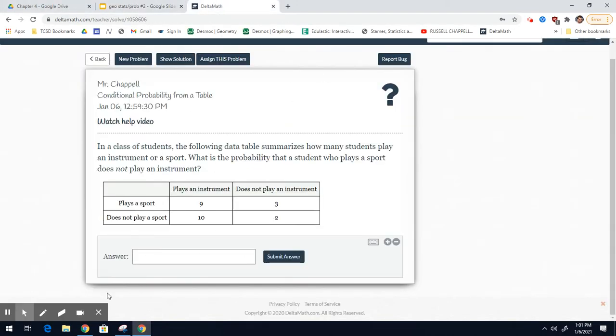Okay, so the first problem here says, in a class of students, the following data table summarizes how many students play an instrument or a sport. What is the probability that a student who plays a sport does not play an instrument? So when you see this word who, that means given. So we are trying to find the probability that someone who plays a sport does not play an instrument.